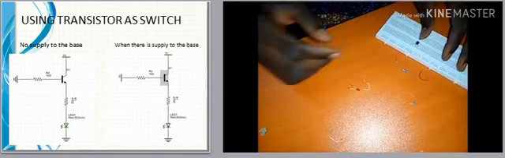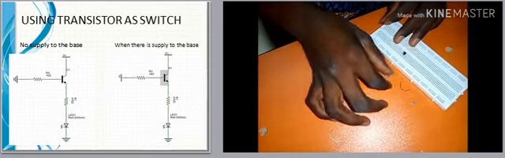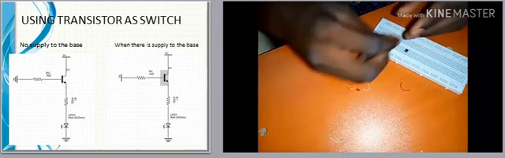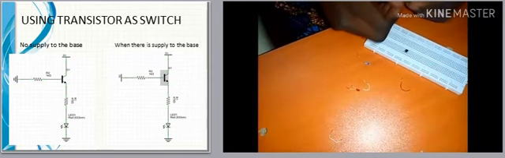As you can see from the circuit diagram, we are going to follow the circuit diagram exactly. From the base, which is the middle one, it goes to the 1K ohm resistor.